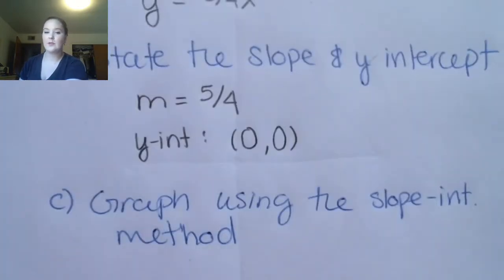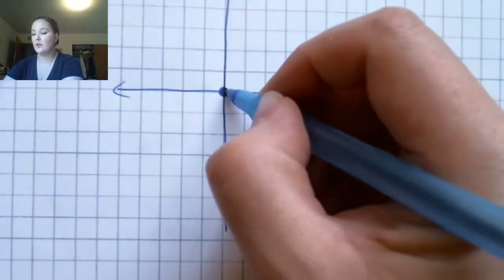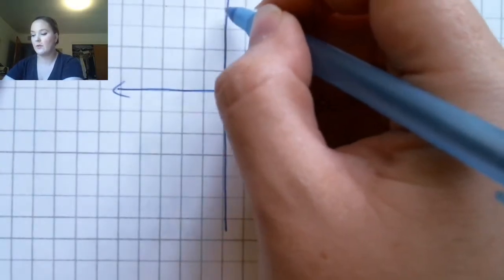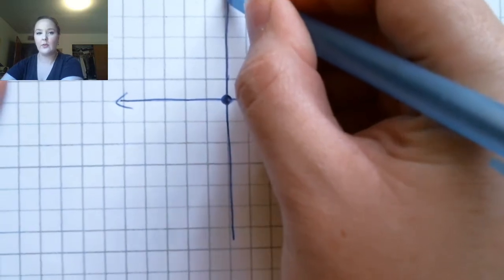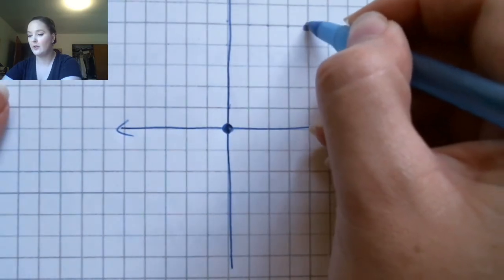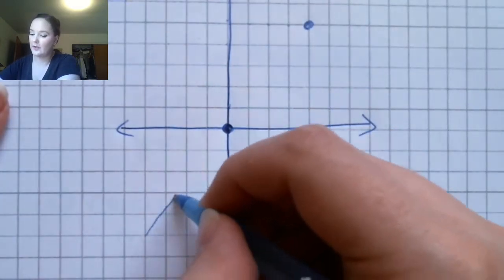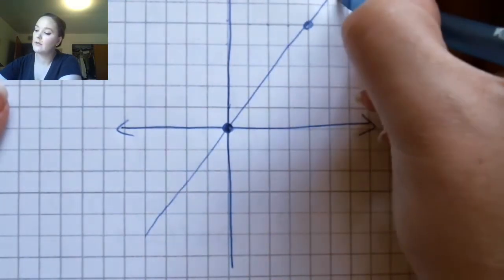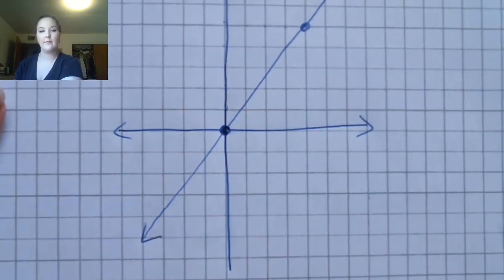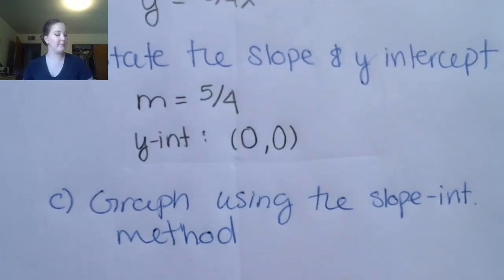So I have my slope as being 5/4. Okay, so remember that's the vertical change. So 1, 2, 3, 4, 5 over the horizontal change 1, 2, 3, 4. Okay, and then I'm going to connect these points with a line. Okay, and that's the slope-intercept method for graphing.